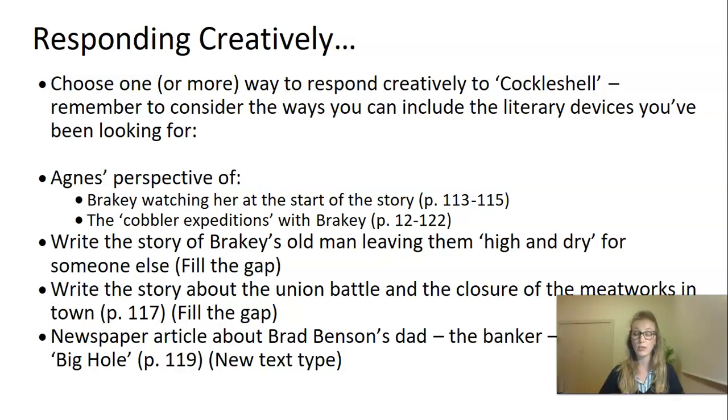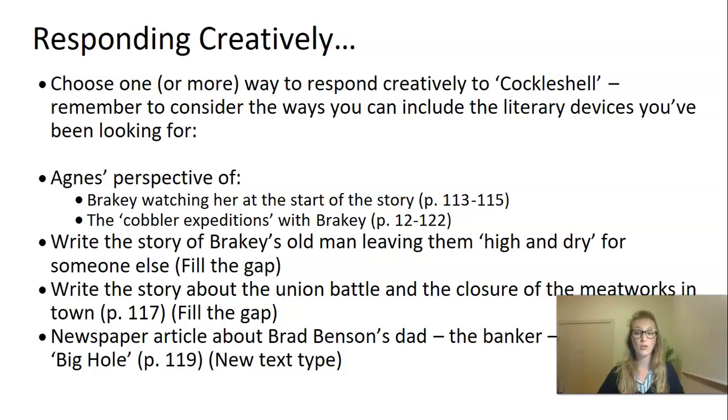Another activity you can do is write the story of Breaky's old man leaving them high and dry for someone else. This is a fill in the gap. We don't ever really hear much from Breaky's old man, nor do we hear the reasons why he left the family. So this would be a fill in the gap creative response.